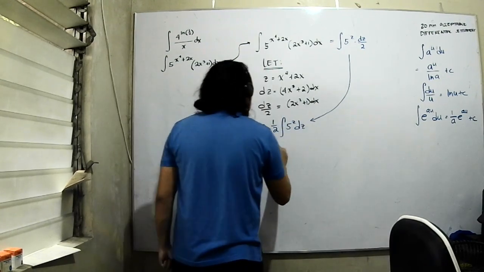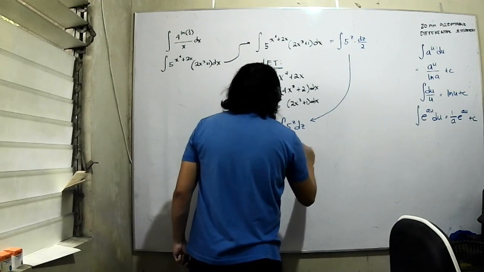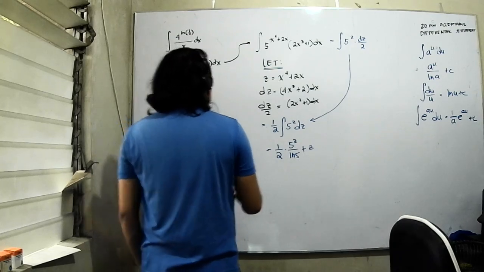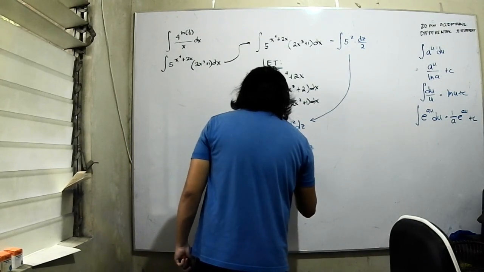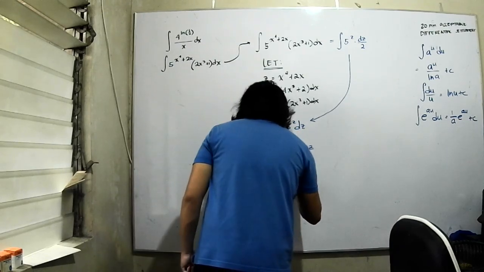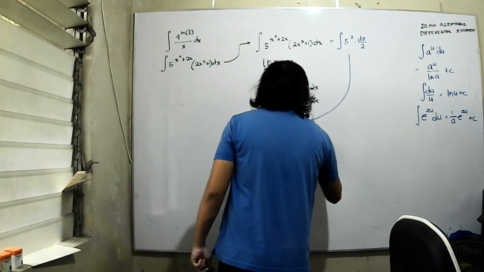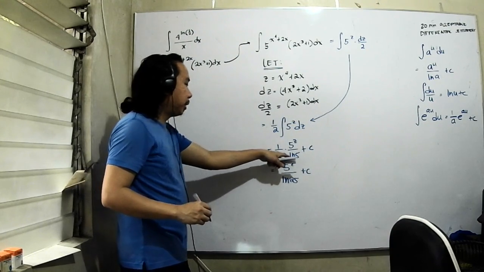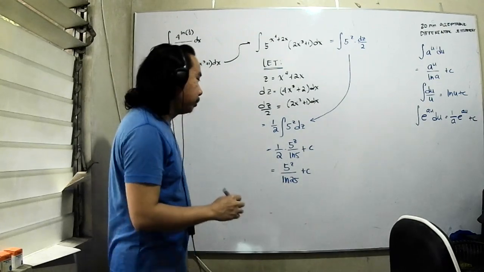So this becomes 1 over 2 times 5 to the z over ln 5 plus c. Now this 1 half, you can absorb the 2. This can easily become ln 25, since 5 squared is equal to 25. The 2 times ln 5 becomes ln 5 squared, which is 25.